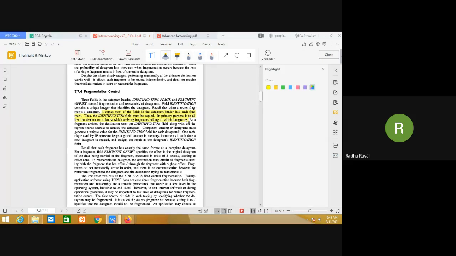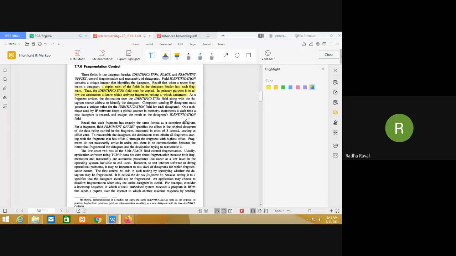So whenever a new datagram is created, the counter assigns one number to that datagram, and from that number they can identify it. The same number is given to the fragmented parts also. Suppose a datagram of 1400 octets is divided into three parts; each fragmented part carries the identification number 2, so 2 is given to all fragmented parts. So the router can identify that this fragmented part belongs to this datagram.